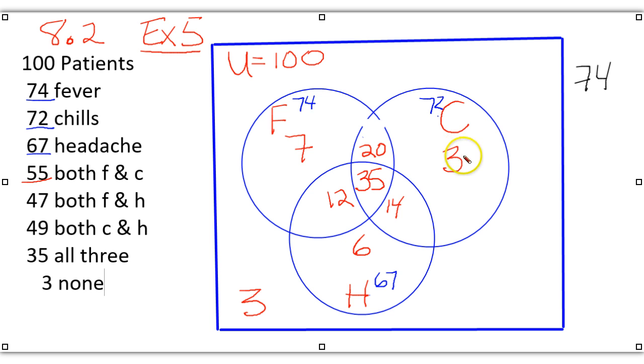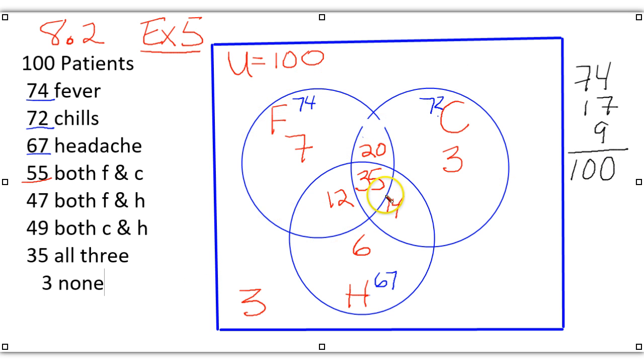Now I have to add 3 and 14, which is 17. These two. And then I have to add a 6, and then later the 3 that's out here, and get 9. And see now how much all of that adds up to. And it all adds up to 100.